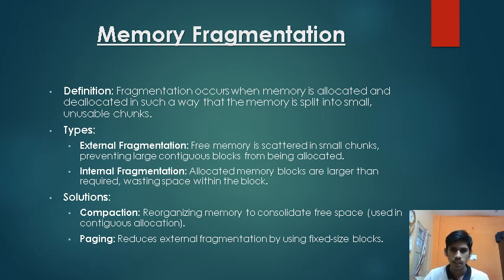Free memory is scattered in small chunks, preventing large contiguous blocks from being allocated. Internal fragmentation. Allocated memory blocks are larger than required, wasting space within the block. Solution: compaction. Reorganizing memory to consolidate free space, used in contiguous allocation. Paging reduces external fragmentation by using fixed size blocks. Okay, proceed to next slide.